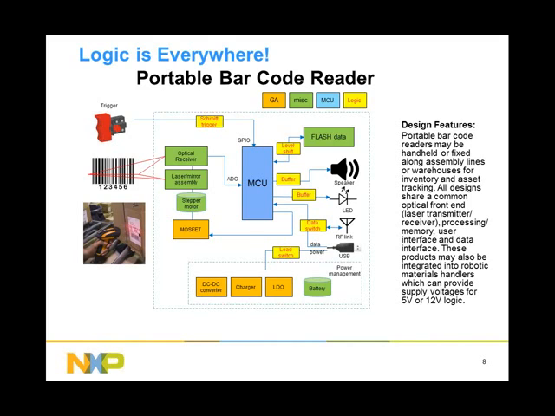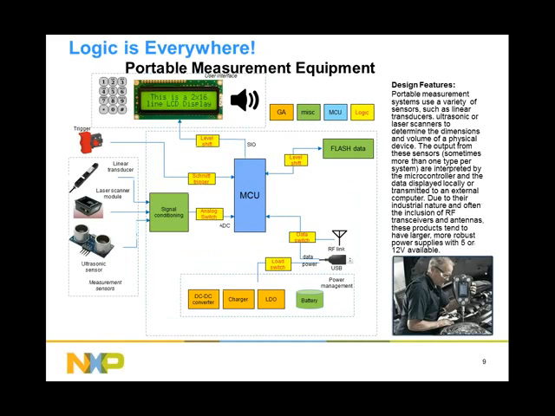Similarly, for the portable measurement equipment, we see much the same. Today, we see logic mostly in the single and dual gate devices, no longer the big octal devices or the parity checkers and things like that. All that has been integrated, but logic is the glue that ties the various ASICs and microprocessors together.